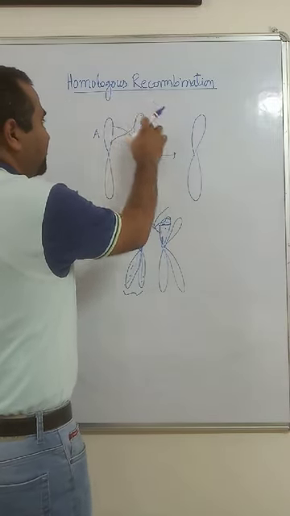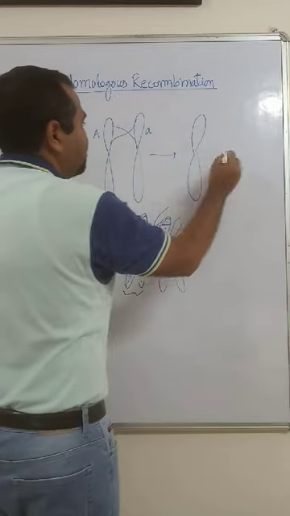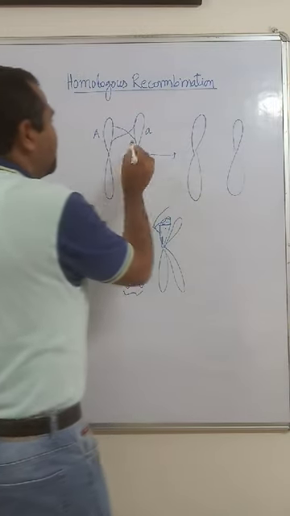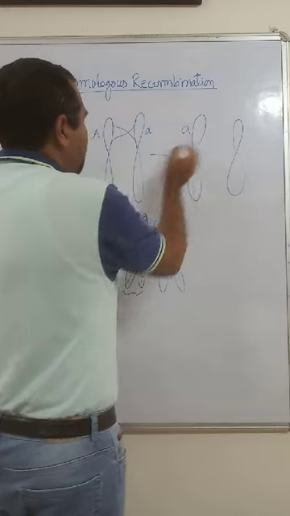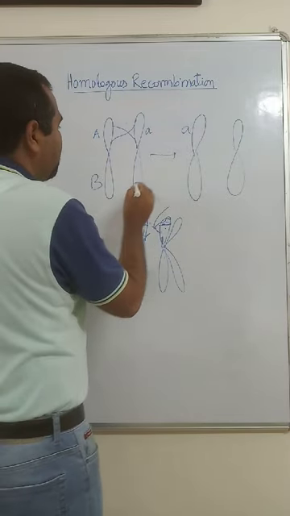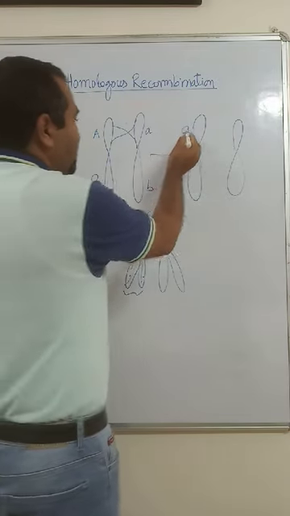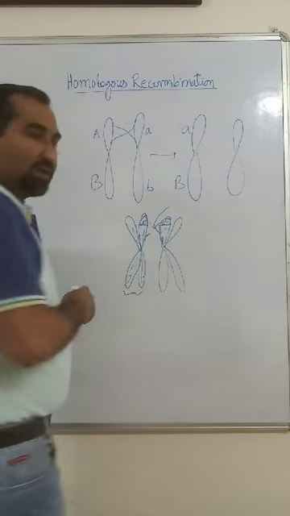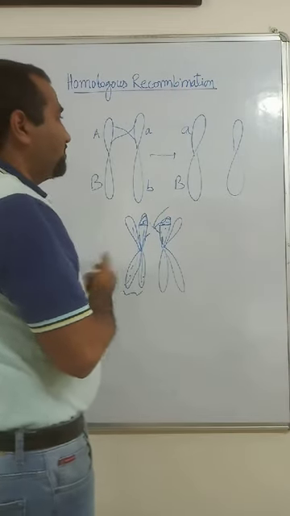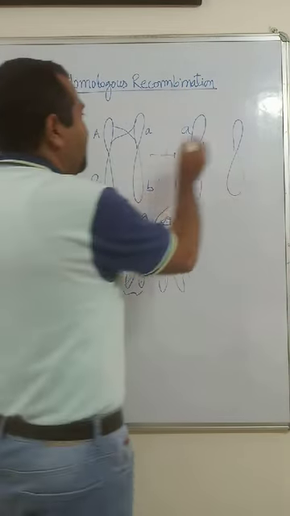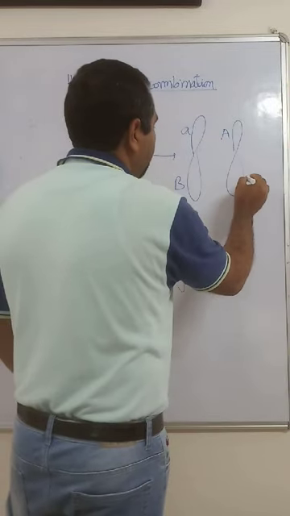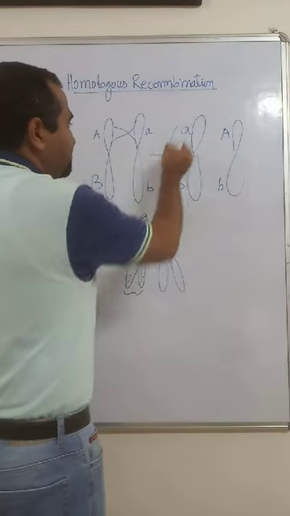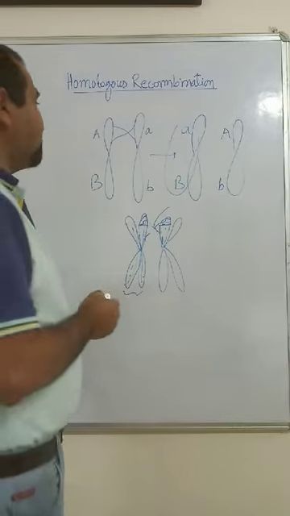We may have this type of chromosome. A is migrated here and this small a, and suppose this is capital B and this is small b. So A with another dominant allele of another second gene, and here a will be with b. So this is a new combination of genes.